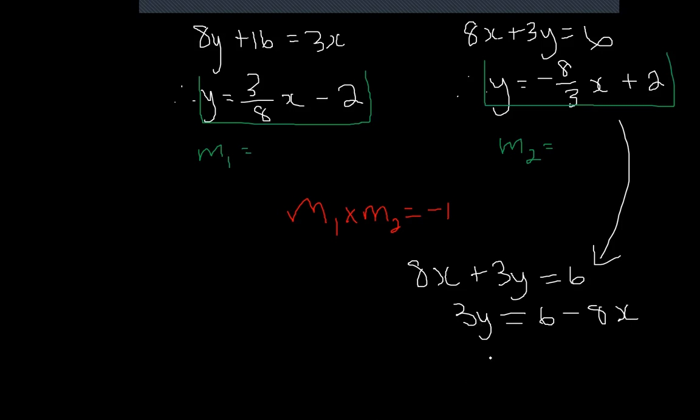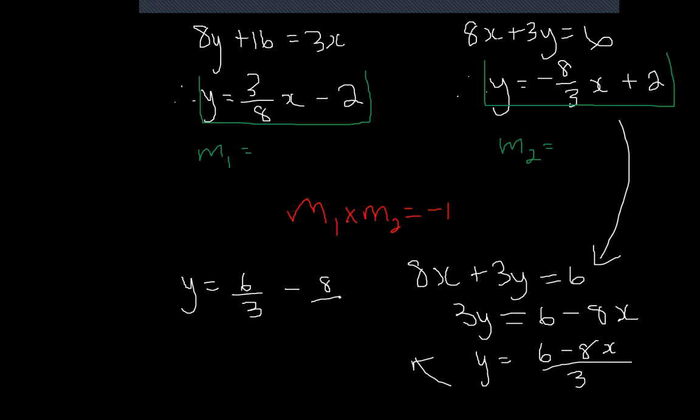We multiply by 3 on this side, so we need to divide by 3 on both sides. y is equal to 6 minus 8x on 3. This is a single fraction, which could be broken up into two separate fractions. So this is equal to 6 on 3 minus 8 on 3x.